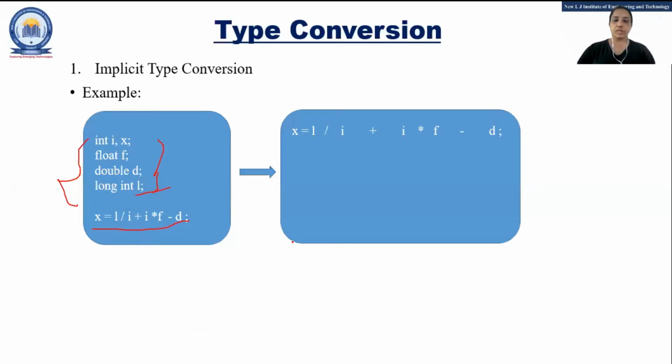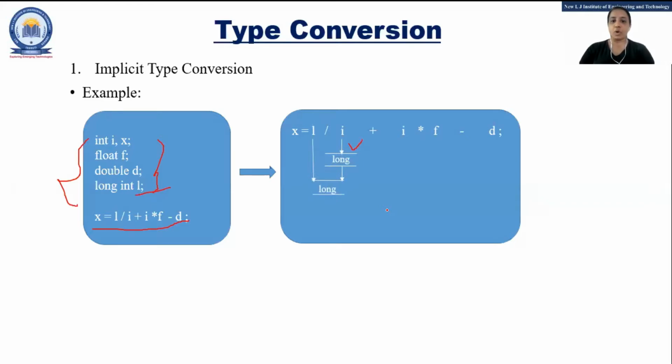Fine. So now we'll see. You can see the first step. I have just made an animation here because I can't write it properly. So I is converted into long, because of implicit conversion. Then it will do division.